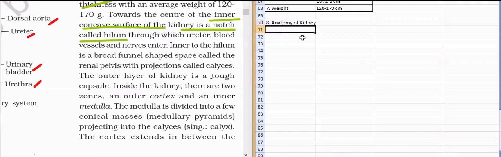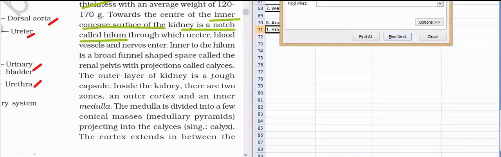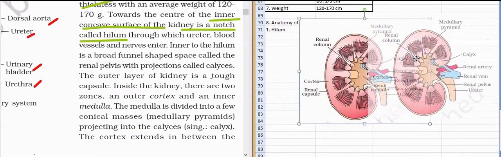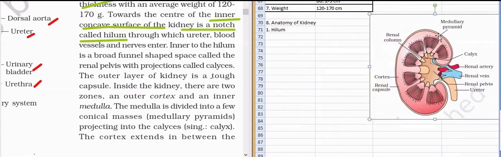Now you see, firstly, number one, he is saying about the hilum. Where is the hilum? Hilum will be on the concave side. See, this is the concave side. This portion is called the hilum.